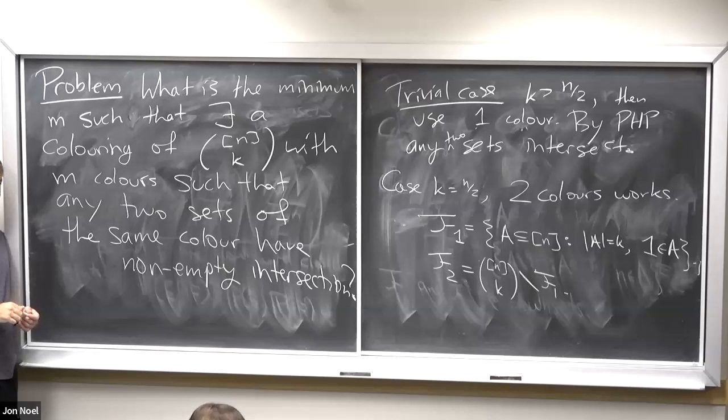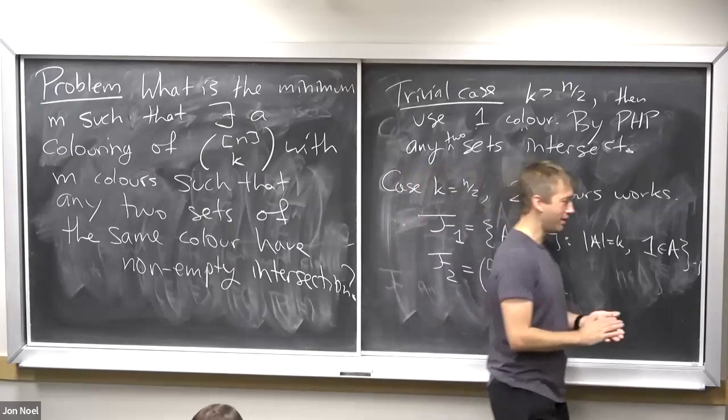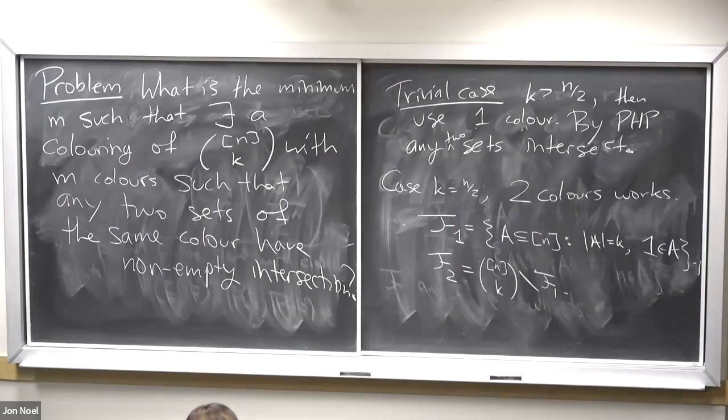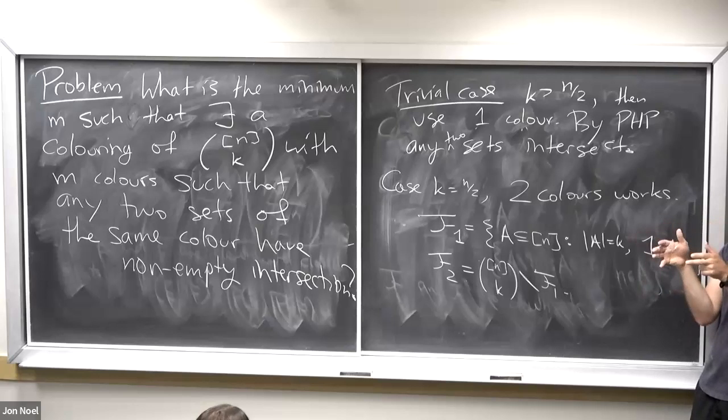Any thoughts about how to generalize that? This is the right idea, actually. Any thoughts from people online as well? The idea here was that once you've ripped off the number one from everything, everything has to intersect now, because you're in a ground set that's too small.